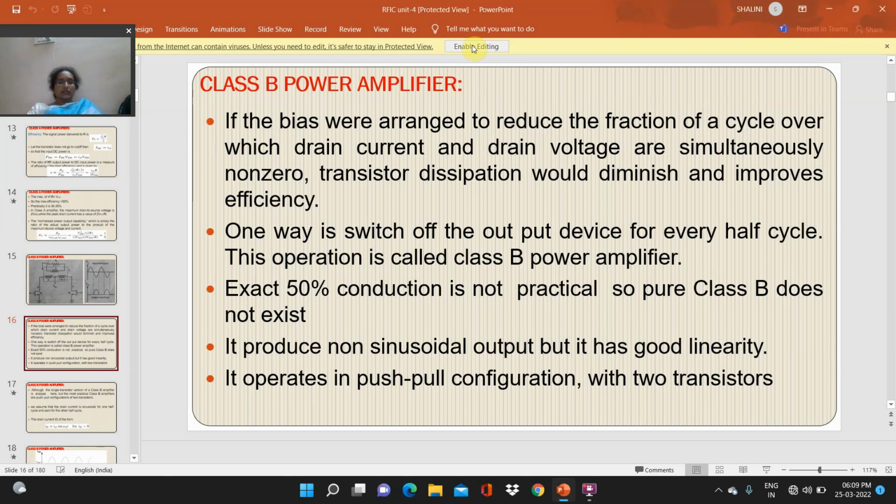One way is to switch off the output device for every half cycle. This operation is called Class B power amplifier. Exact 50% conduction is not practical, so pure Class B does not exist. It produces non-sinusoidal output, but it has good linearity. It operates in push-pull configuration with two transistors.